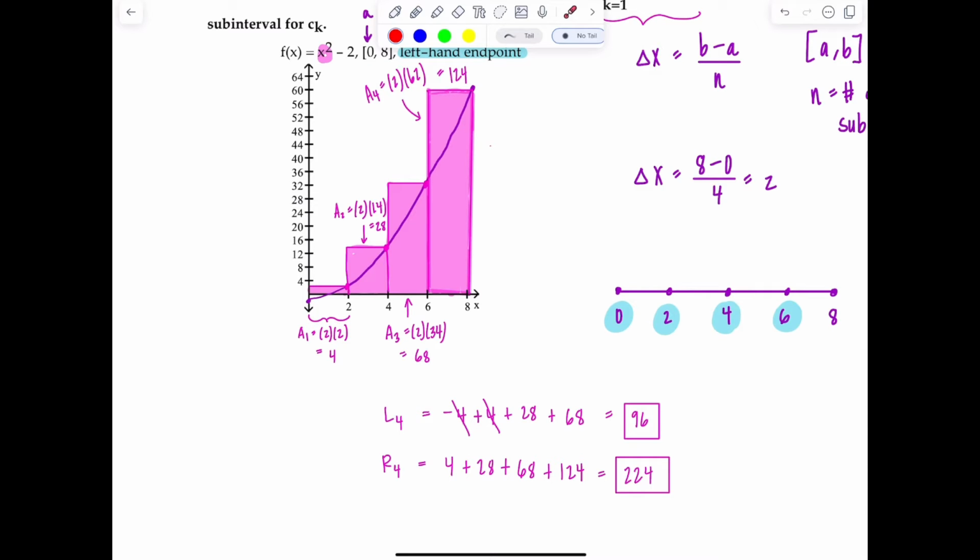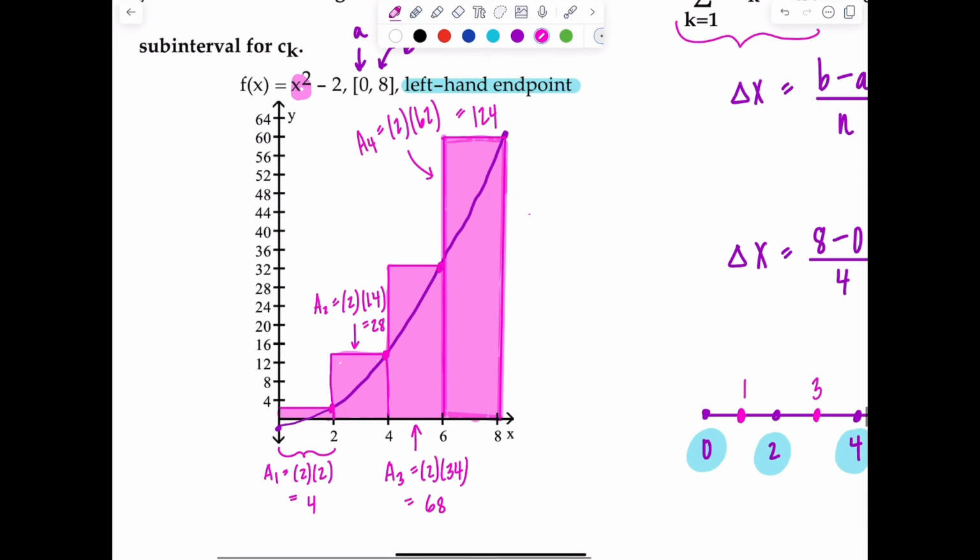What's even more precise is if we take midpoints of each subinterval to determine the height of the rectangle. So instead of using 0 or 2, if I use 1, 3, 5, and 7, I'll have even less error. So still 4 subintervals, right? But I'm using the midpoint of each to determine the height of the rectangle from the function.